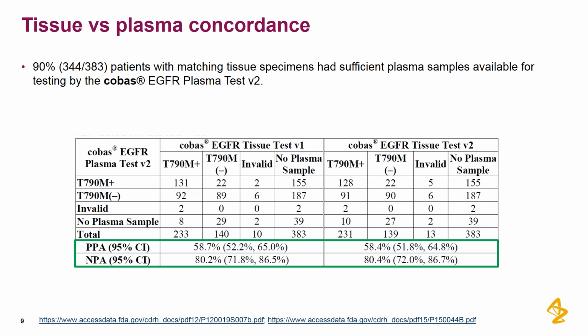This essentially shows that the plasma test itself is good at identifying those truly negative cases, but maybe it's not quite as good as it could be, and it may actually miss identifying cases that were truly positive. That's reflected in the PPA being around 60%, rather than a more preferred percentage of up at 80 or 90%.